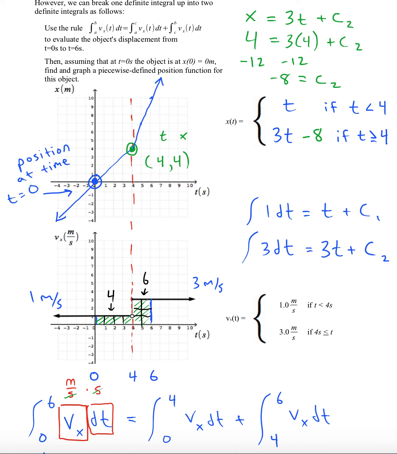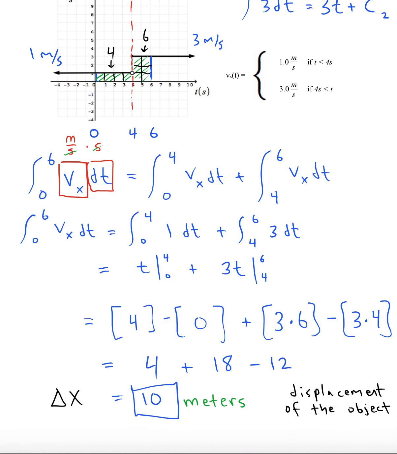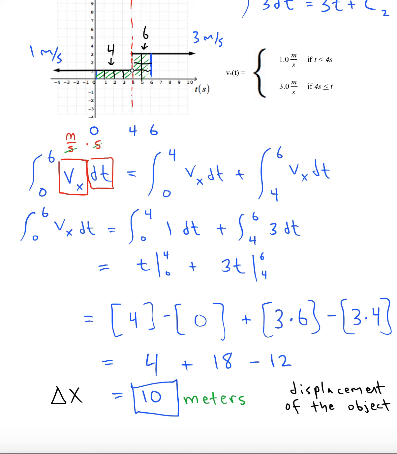All right, so where does the 10 meters come into play here? Down below, we had said that if you integrate from 0 to 6, you get a delta x of 10 meters. It's a change in position.